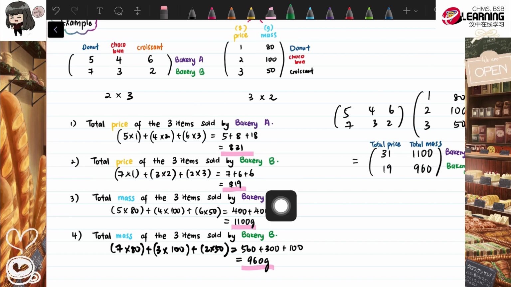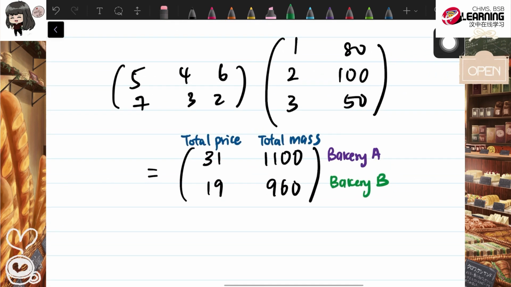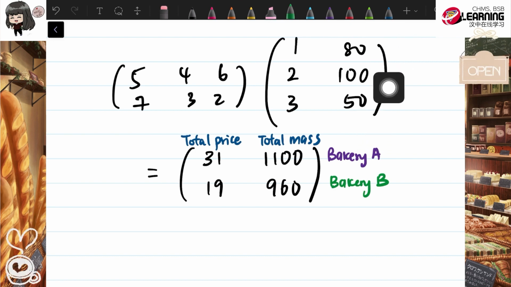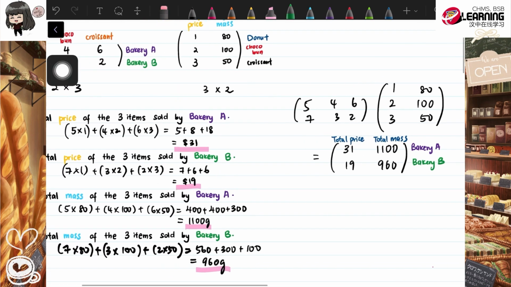This is logically thinking how to do it. But in terms of matrices, when you have two matrices without a proper example, for example, how many donuts here, how many prices here, you don't have that context. So when you multiply, there's a technique for doing that. The technique is almost the same as this.